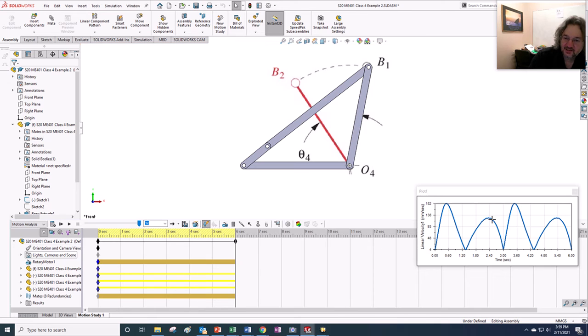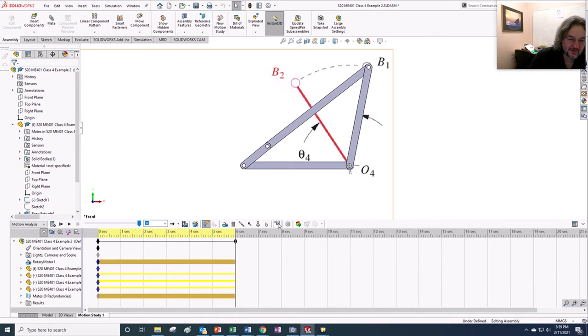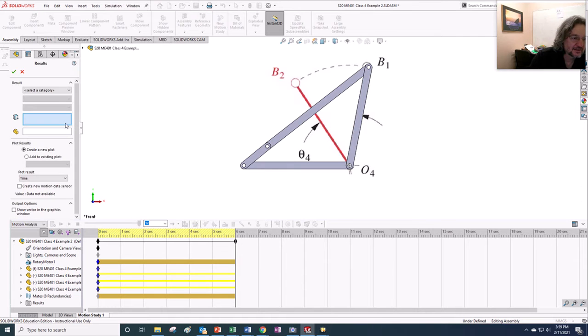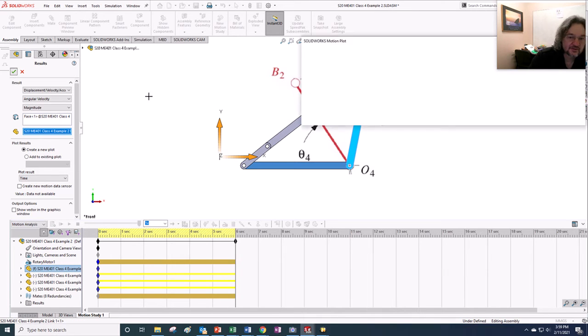Right, so this is actually the magnitudes right here. Okay, so this is the linear velocity magnitudes. Let's take a look at the angular velocity. Here, subcategory of angular velocity. Let's go magnitude of that and pick that as the reference and plot it.